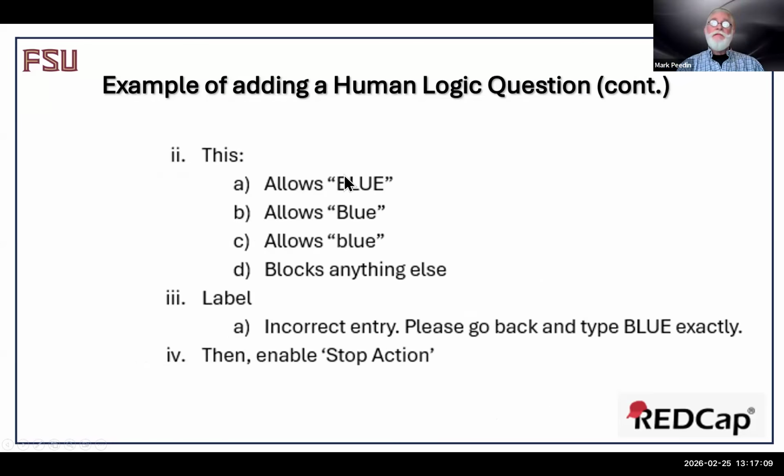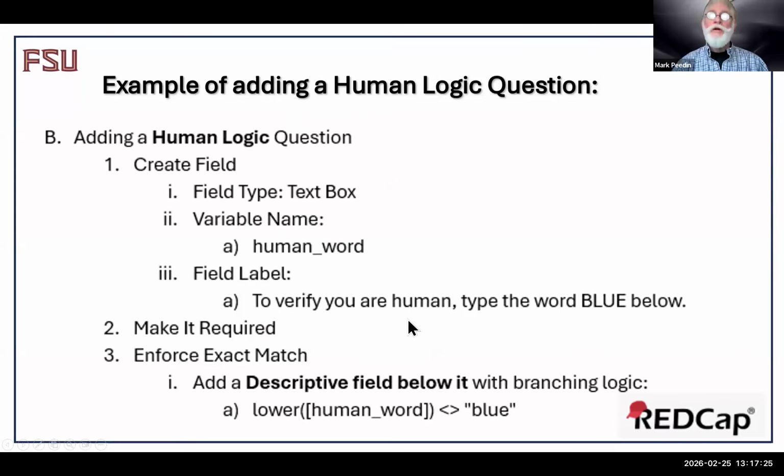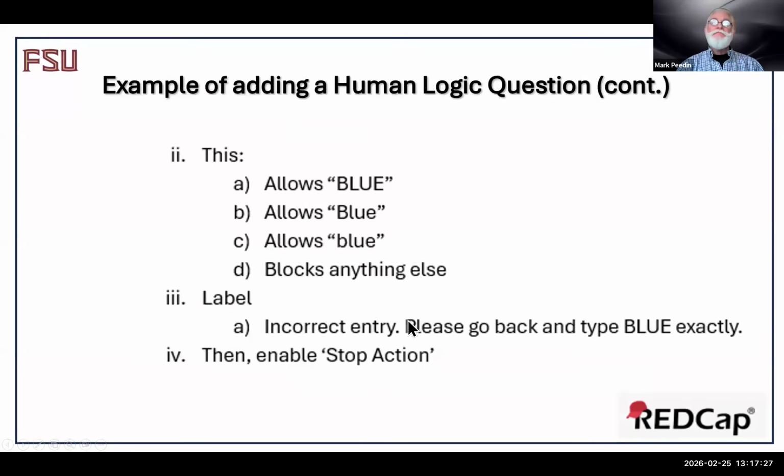Obviously, the bot could enter a word in all uppercase, first letter uppercase and the rest lowercase, or all lowercase. Because of that, the lower command would lowercase "blue," and then you would have a label or pop-up saying that the answer was incorrect, didn't enter "blue," because maybe the bot didn't analyze the type, but it needed to type something in.